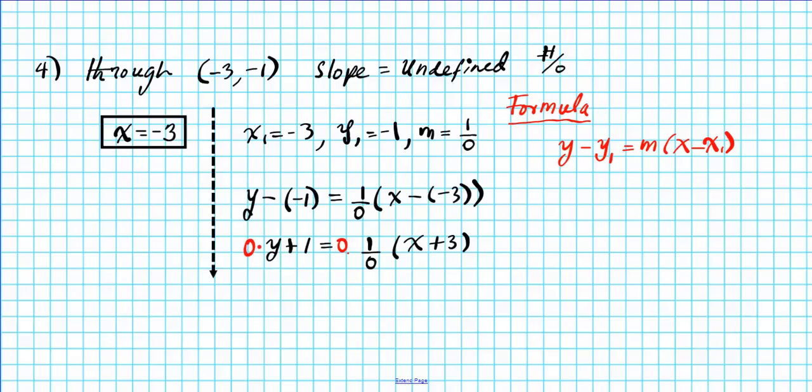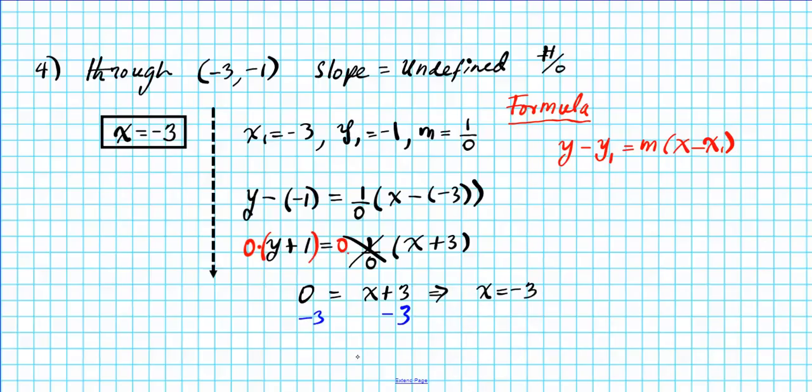Multiply by 0, multiply by 0. On the left side, this entire thing becomes 0. And then on the right side, something weird happens here. These cancel out. You're left with x plus 3. And then you subtract 3 from both sides, and you end up with x equals -3.